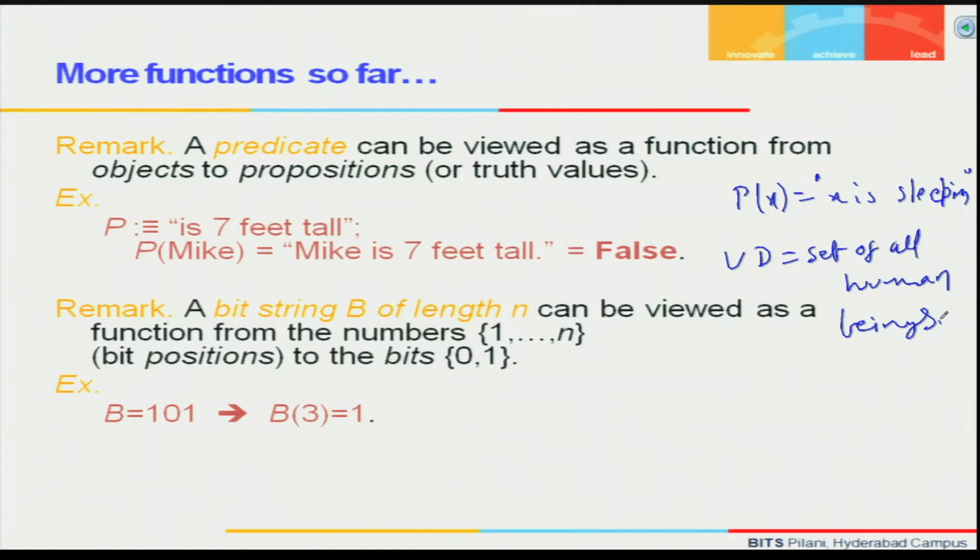Now if you carefully observe, this predicate itself can be viewed as a function from the set of objects, or from the universe of discourse, to propositions. Say we represent the universe of discourse as U. You take U to the propositions.